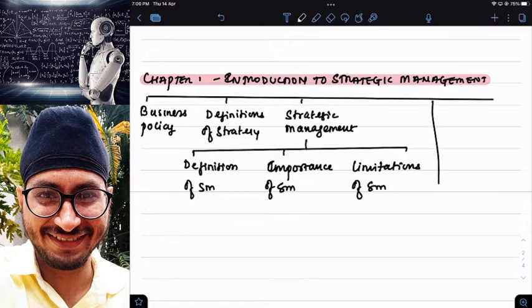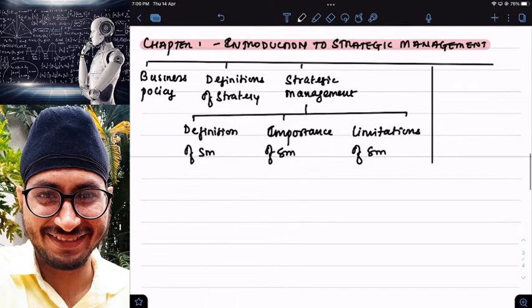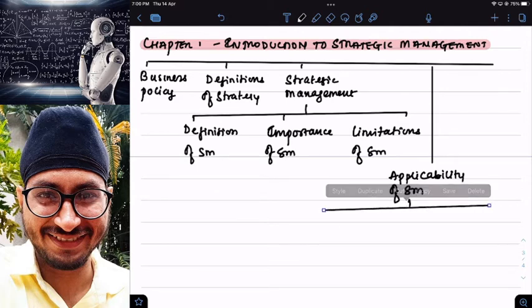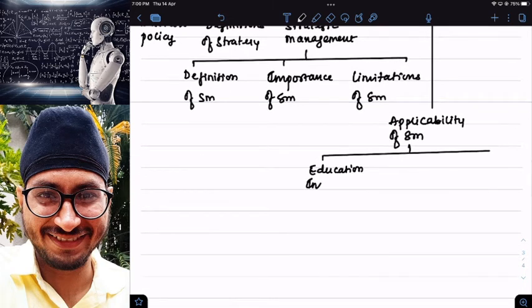Then we will see applicability of strategic management. Here we will see applicability relating to education institutions, to hospitals, and government departments.